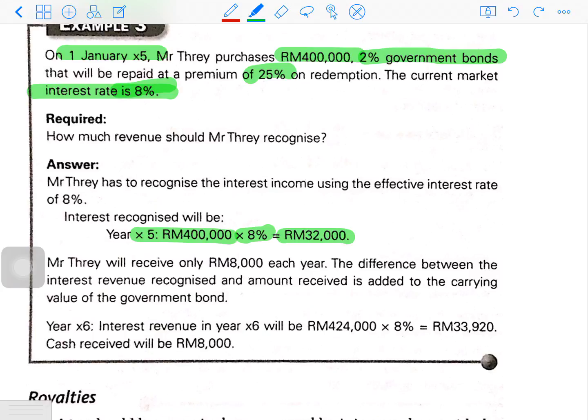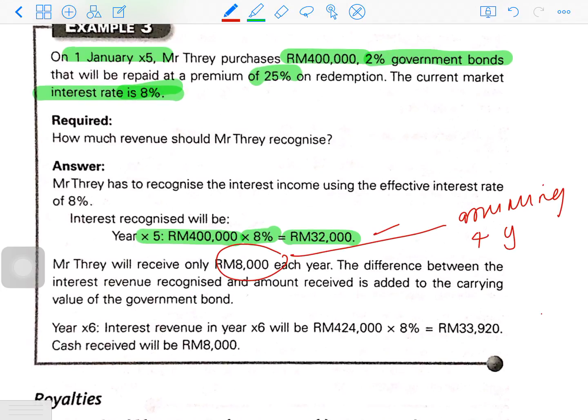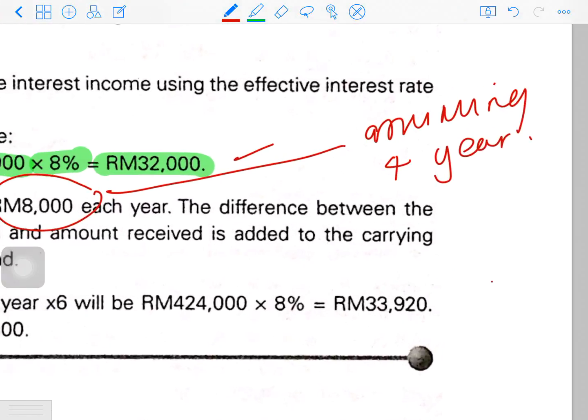So they assume for this example, assuming 4 years, 4 years of redemption date. From the redemption date, 4 years.